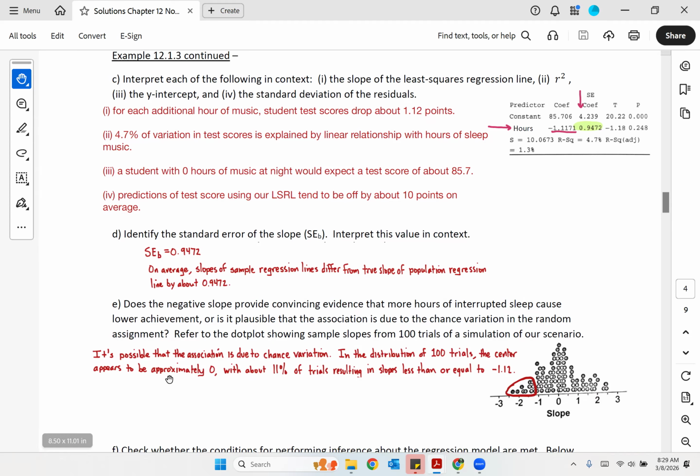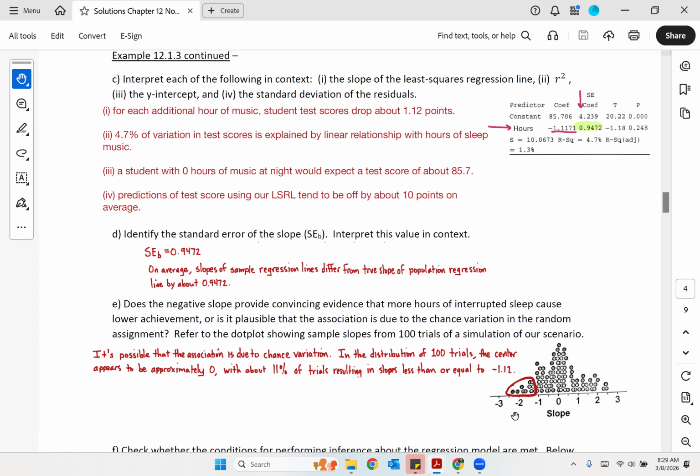It looks to me that it is possible the association is due to chance variation. Out of 100 trials here, about 11% of them did have slopes less than or equal to ours. So again, not huge, kind of close to a rejection region depending on your alpha, but not quite there.